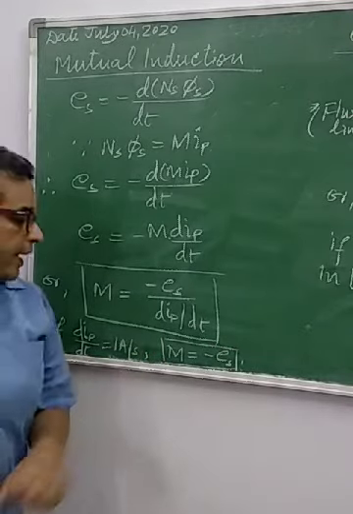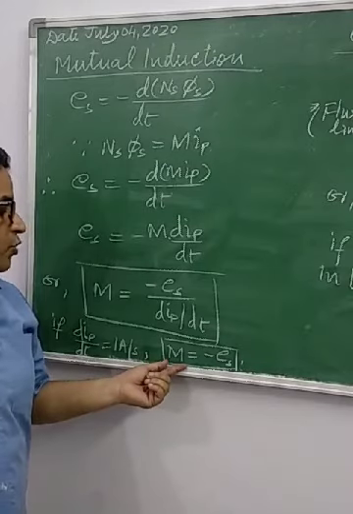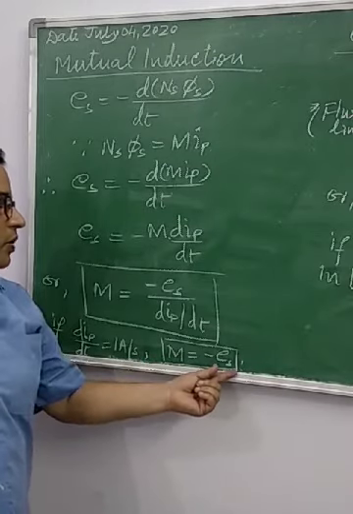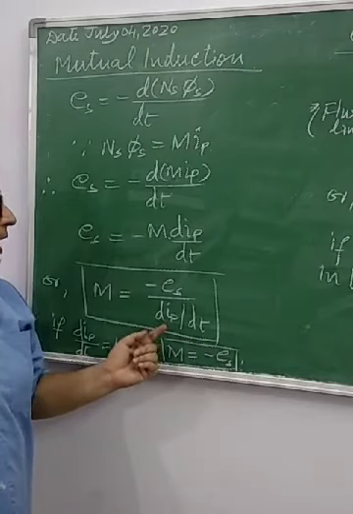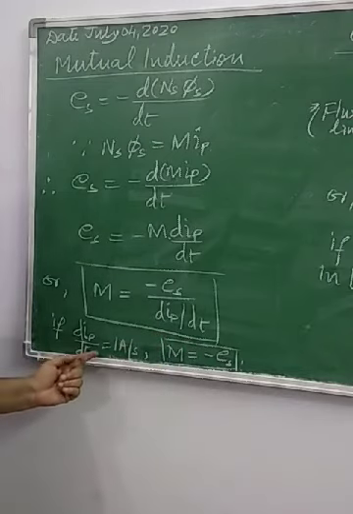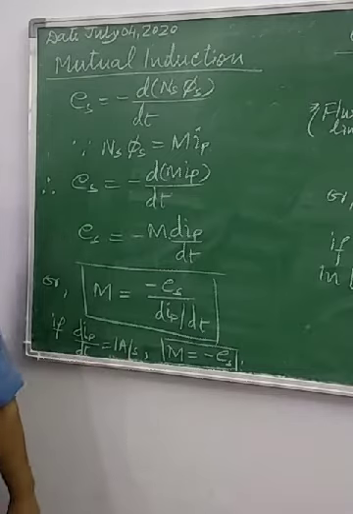So according to Faraday's laws, the coefficient of mutual inductance is equal to the induced EMF developed in the secondary coil when the current changes in the primary coil at the rate of 1 ampere per second.